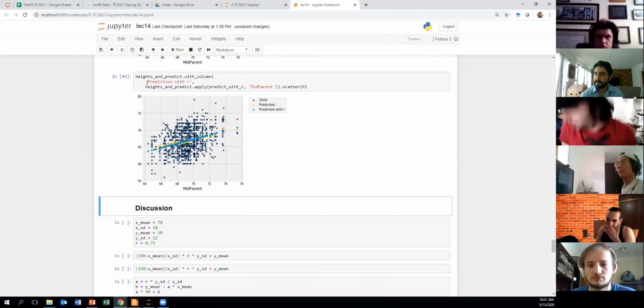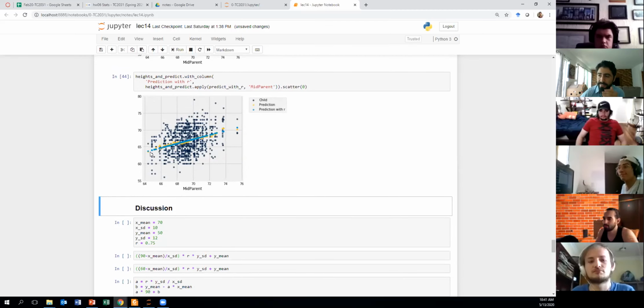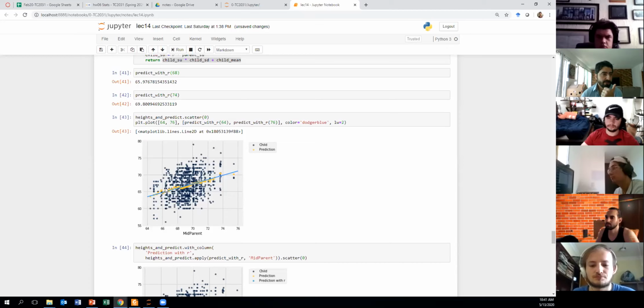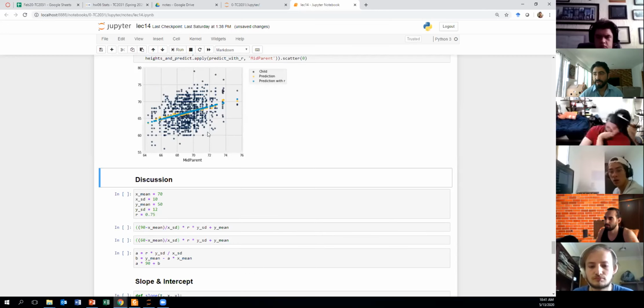You can see it's following the same points that I had. Some of them are a little bit far away, some exactly the same, but it's following the same patterns. Using R, my regression line, we got the same points.